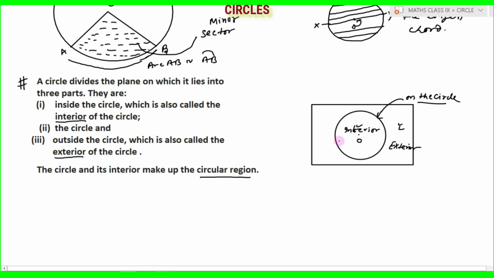So the circle divides a plane into three parts. One part is called the interior of the circle, the other is called the exterior of the circle. This is the exterior part. And the one more part which is on this line is called points on the circle.